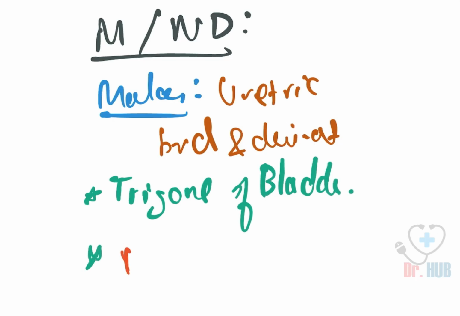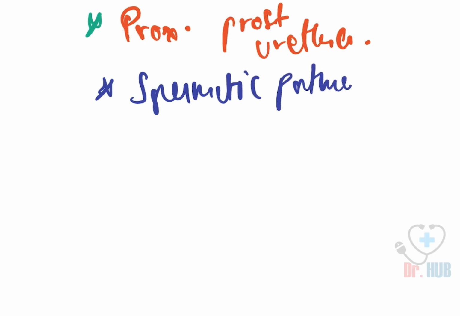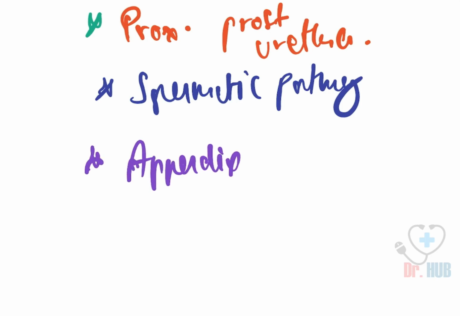Then there is the proximal part, and this is of the prostatic urethra. Then we look at the spermatic pathway. Next, there is the appendix of the epididymis.